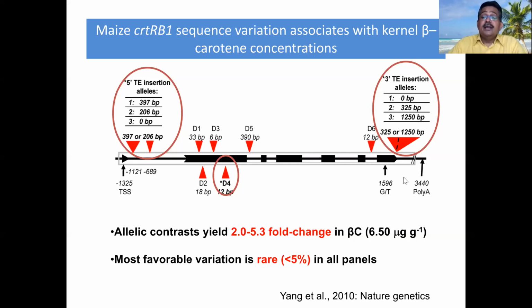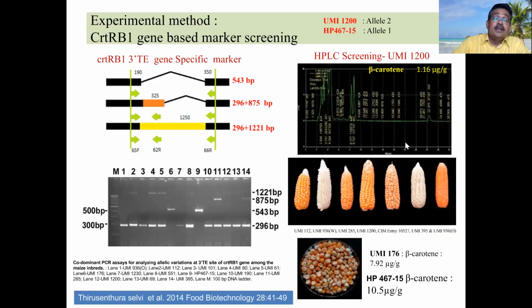So this gene has already been characterized, and markers are developed. Whenever you have this kind of insertion, there is a possibility of increased beta carotene. Okay. Then we designed primers for the CRTRB1 gene. They designed one forward primer and two reverse primers to cover the region, to detect whether the insertion is there or not.